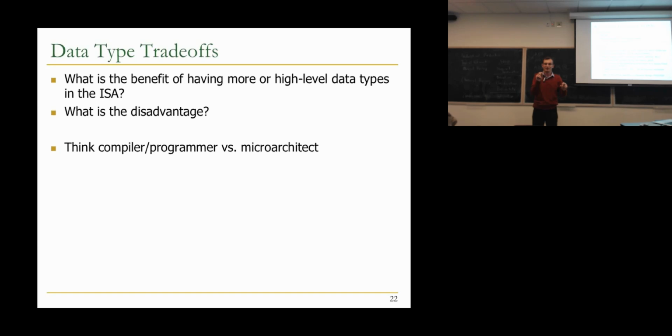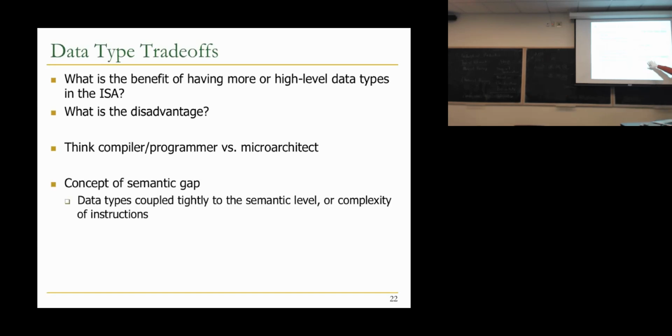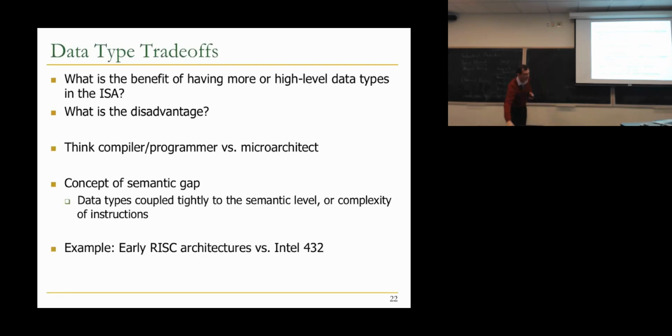No? OK. Basically, data types are coupled to the semantic level, or the complexity of instructions. Let me give you the example over here. We'll get back to this when we talk about complex versus simple instructions, but I'd like to give you an overview first.